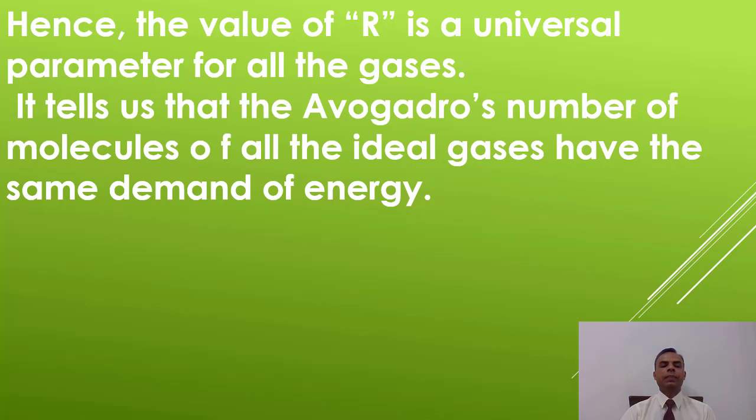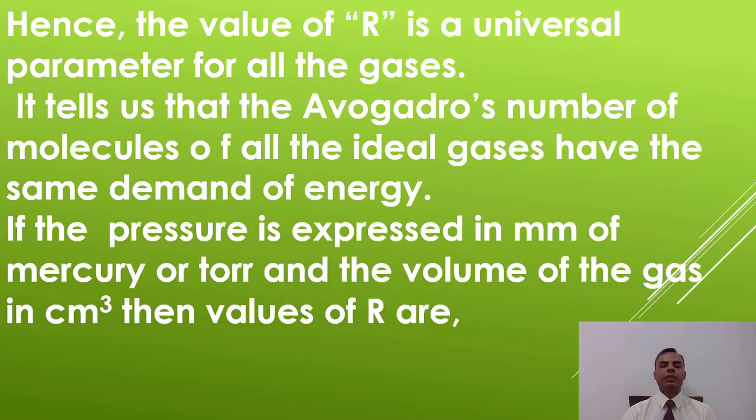If the pressure is expressed in millimeter of mercury or torr and the volume of the gas in centimeter cube, then the values of R are as follows.